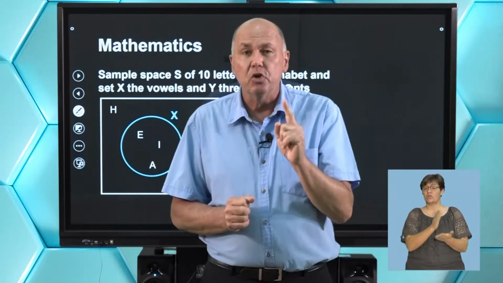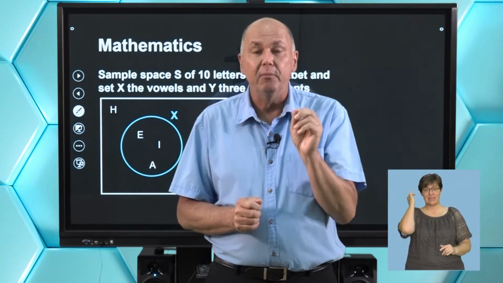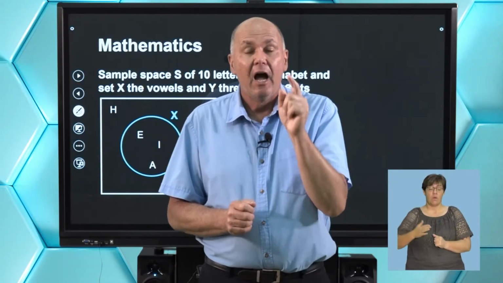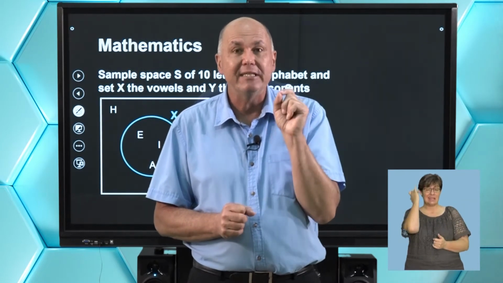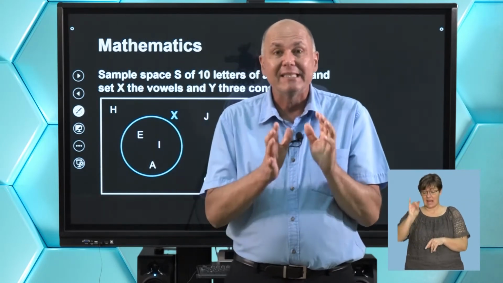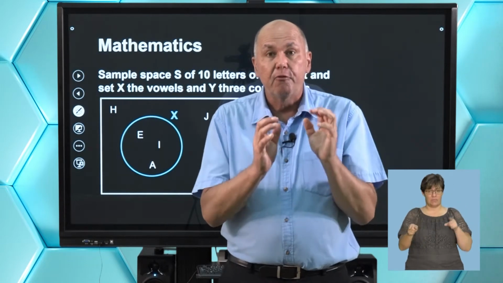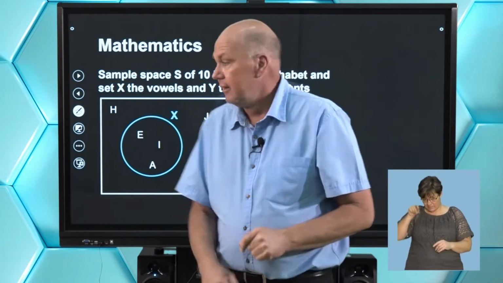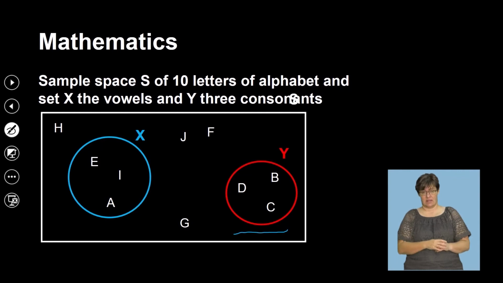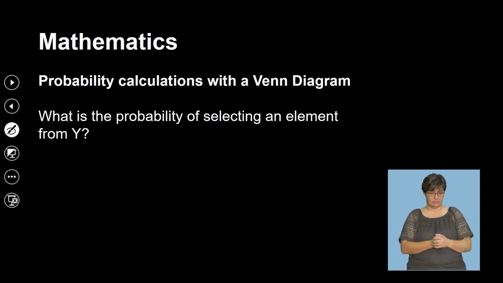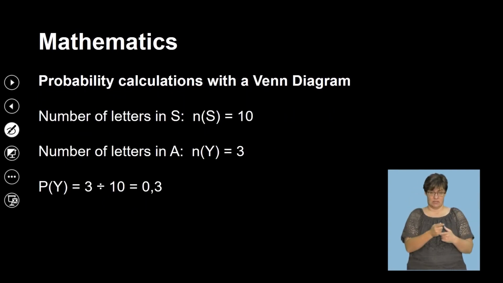Let's just make sure that we've got the idea clear about theoretical probability, though. I want to calculate the theoretical probability of selecting an element from set Y. So remember, we've got 3 things in the set, and we're going to calculate that. Notice that the sample space is still 10.